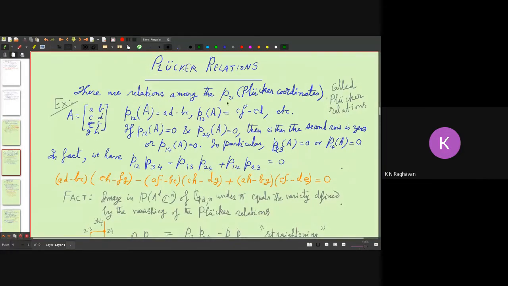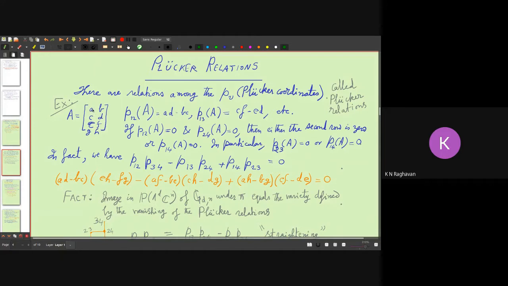There are relations among the P_V Plücker coordinates that are satisfied. I should say more clearly that these are projective coordinates. On the projective space, of course, there are no relations, but on the image of the Grassmannian, there are certain relations satisfied by P_V.